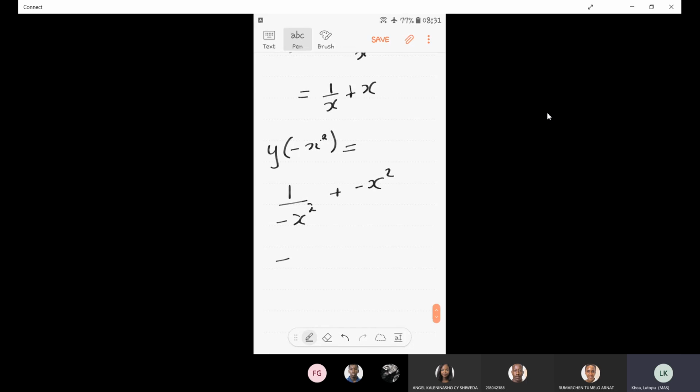So this is negative 1 over x squared minus x squared, and that's it. This is just simple substitution. There isn't anything too difficult to do for this first part. We just need to understand what a function is, because when we're differentiating, we will be differentiating functions.